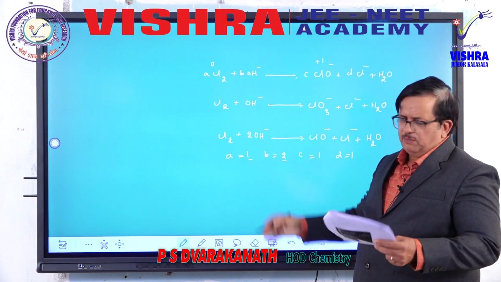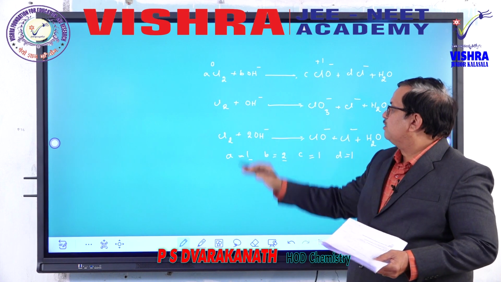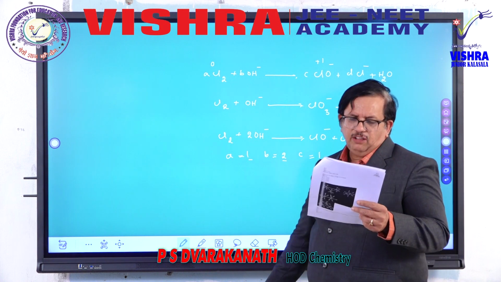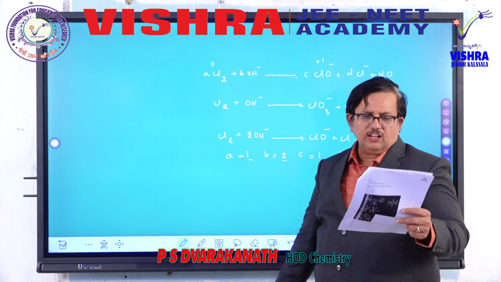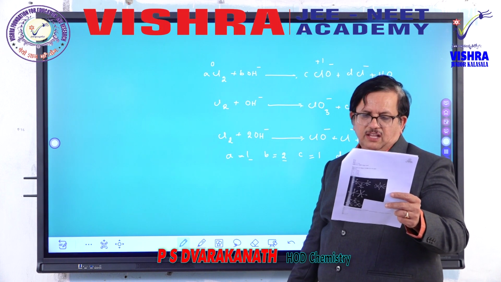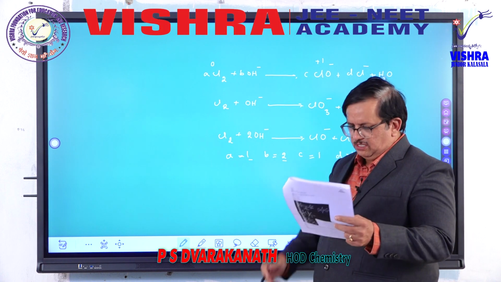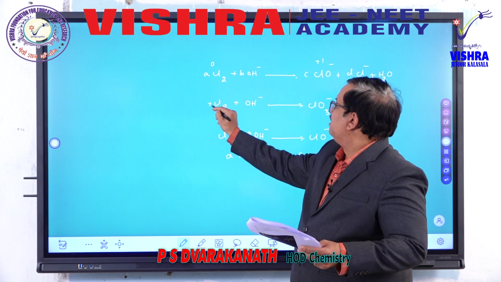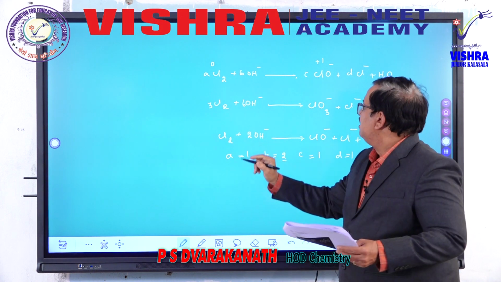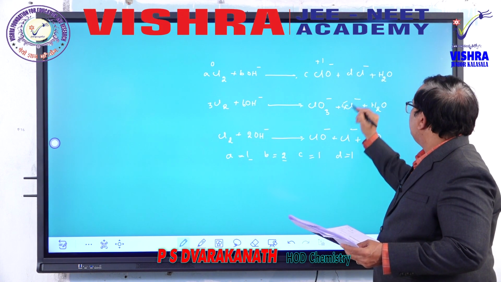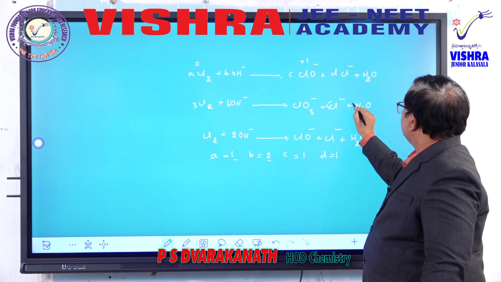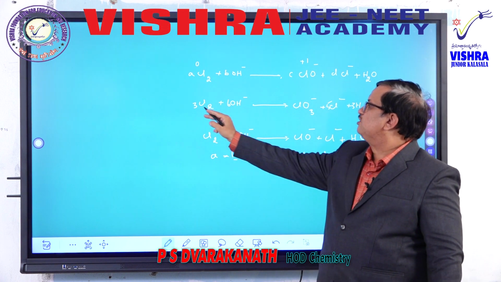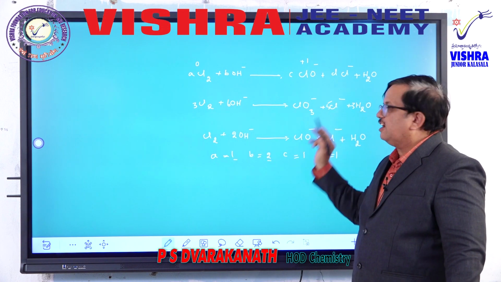Because it is not given, I am not discussing that. But if hot concentrated NaOH is given, then what should the options be? The reaction is 3Cl2 plus 6OH minus gives ClO3 minus plus 5Cl minus plus 3H2O. Then the options will be 3, 6, 1 and 5.